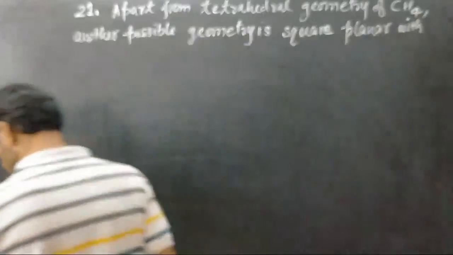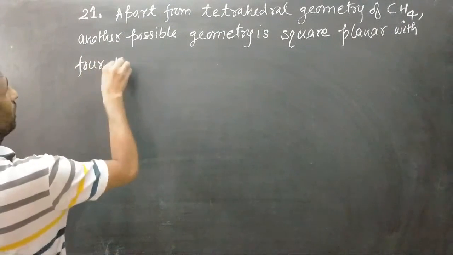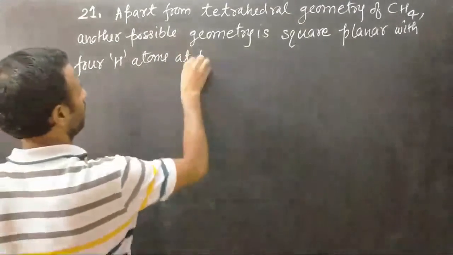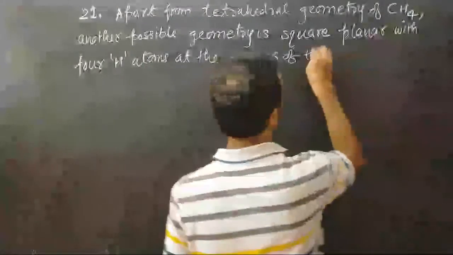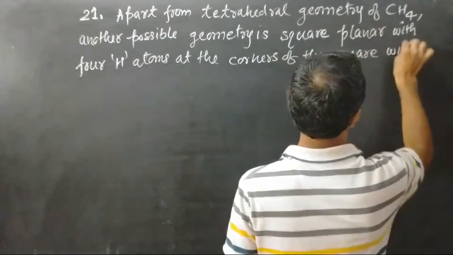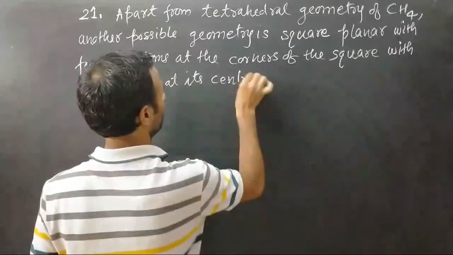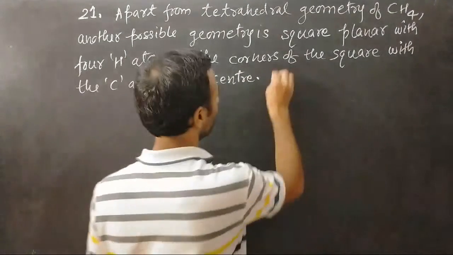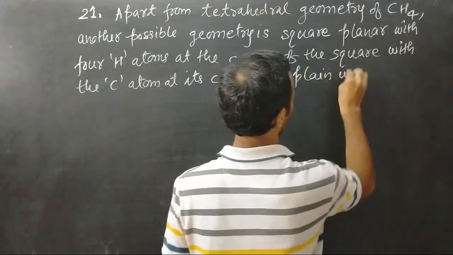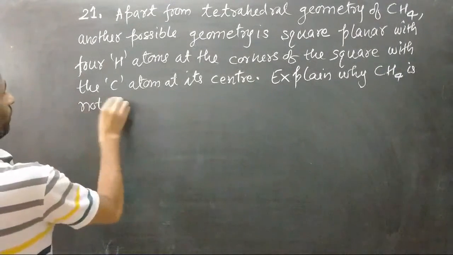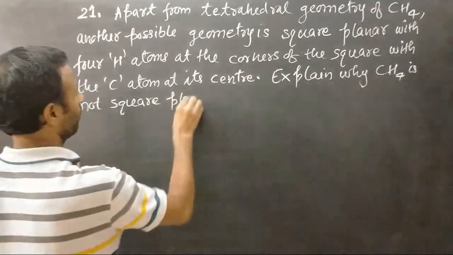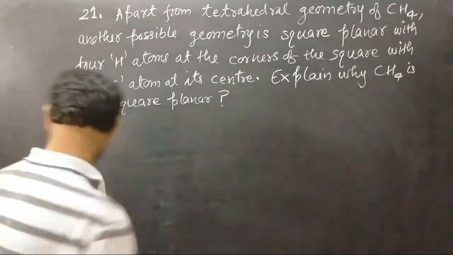With 4 hydrogen atoms at the corners of the square, with the carbon atom at the center. Explain why CH4 is not square planar.